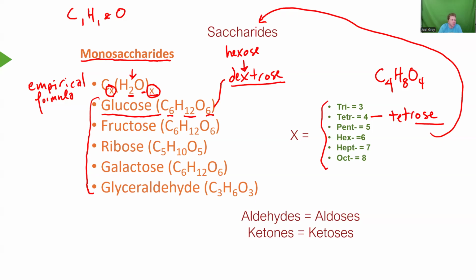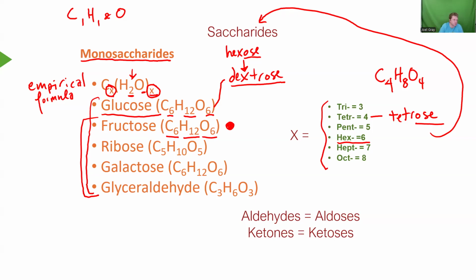Okay, now let's talk about that name hexose. Hex indicating six, OSE indicating that it's a sugar. Hexose, that is a sugar that has six carbons. So looking at this list down here, from fructose to glyceraldehyde, do you see any other hexoses? Yeah, fructose is a hexose because it also has that formula of C6H12O6.